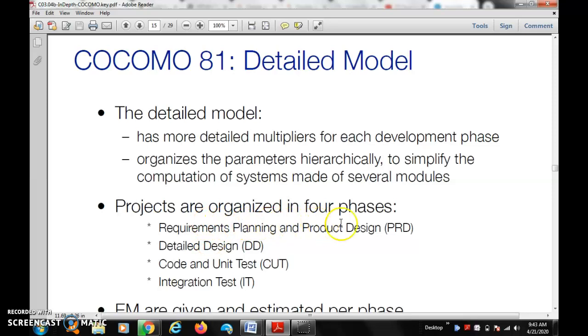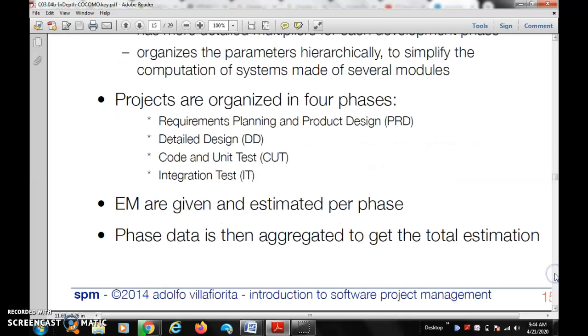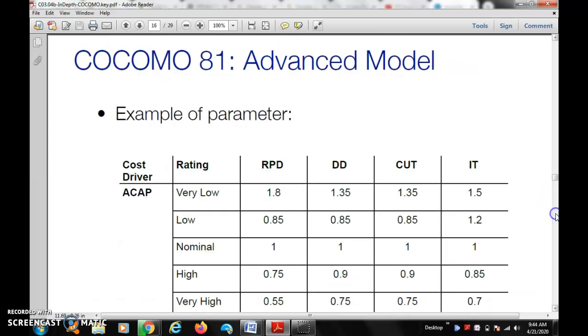Here projects are organized in 4 phases: RPD, that is requirements planning and product design, DD, detailed design, CUT, code and unit test, and IT, integration and test. So these are all the project organization for the 4 phases. Here EMs are given and estimated per phase, and phase data is then aggregated to get the total estimation.